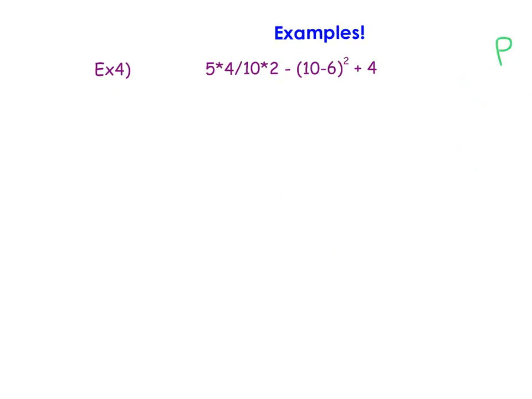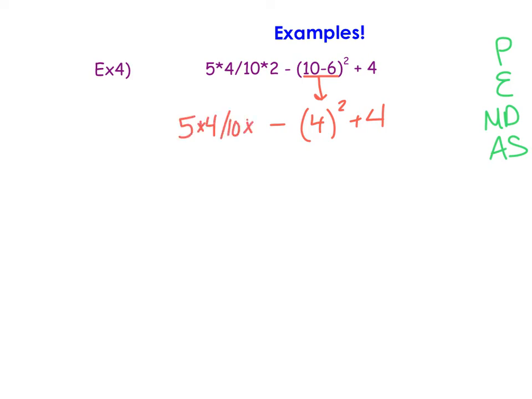So example 4, you can see they're now starting to get a little bit more difficult as we move forward. So first we start off with parentheses, which I can see right here. So I'm going to start off by evaluating inside of those parentheses. 10 minus 6 gives us 4. So I'm going to put the rest of the problem in there now. 5 times 4, 10 times 2.